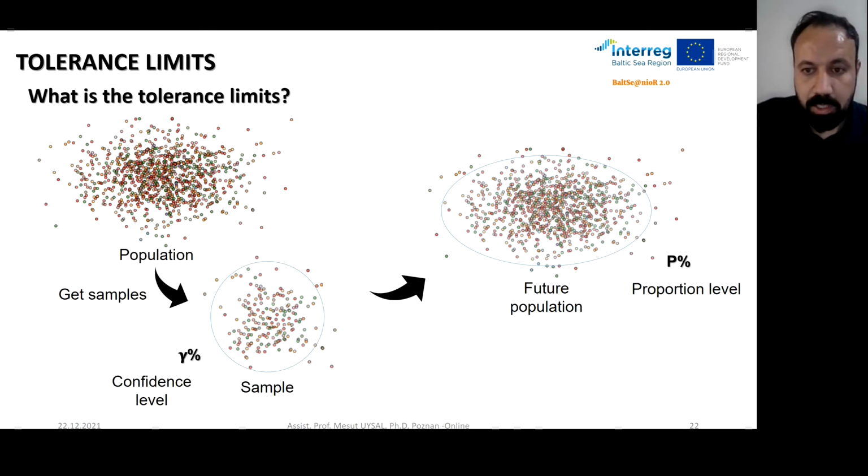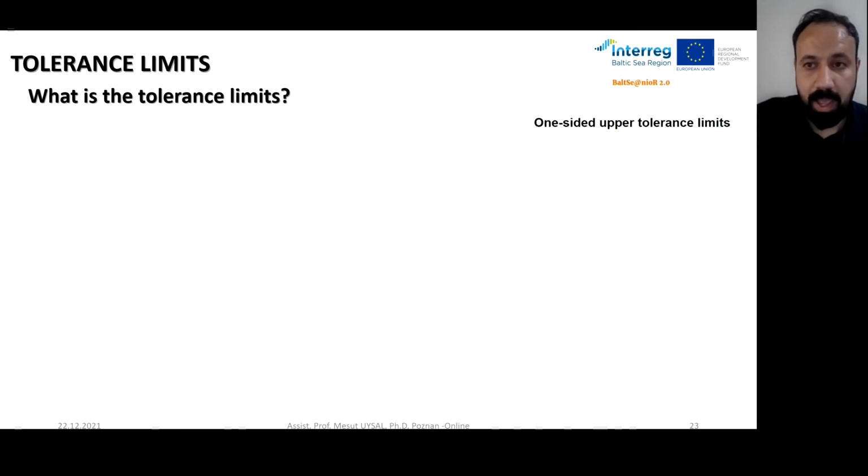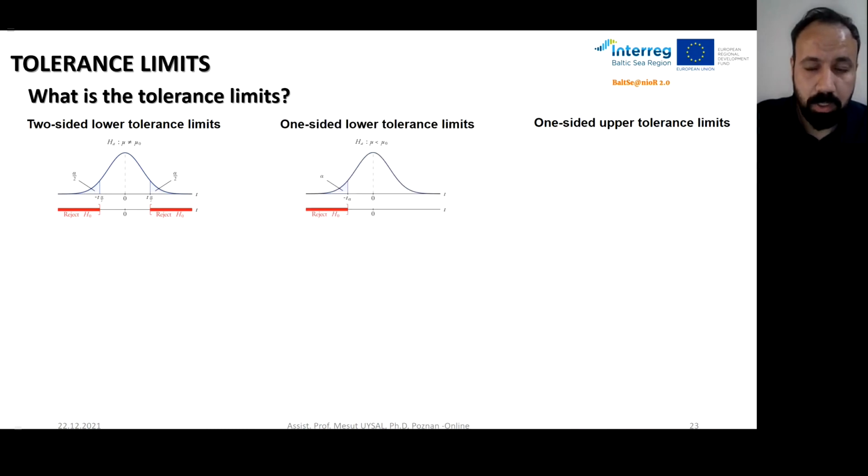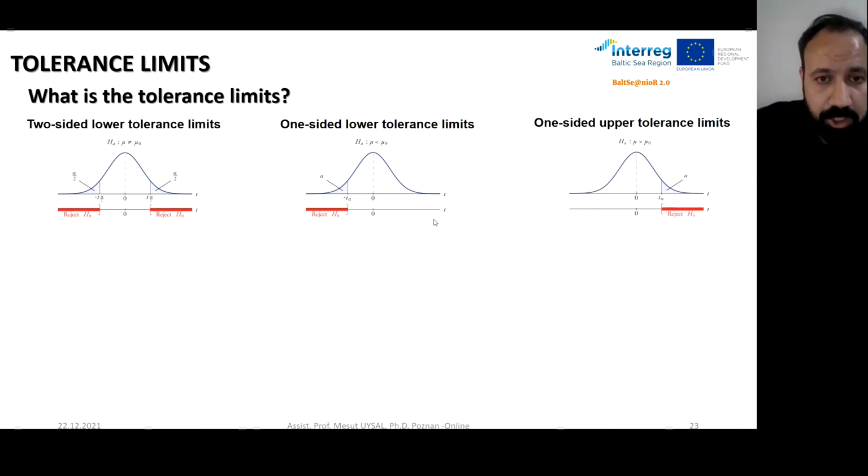So this is the definition, but what types of tolerance limits do we have? We have two-sided tolerance limits and one-sided tolerance limits, and one-sided can be upper or lower tolerance limits. Whichever tail we are interested in, we name it.